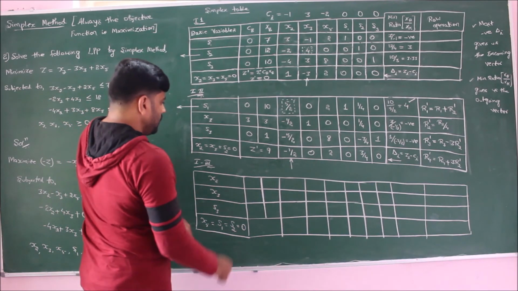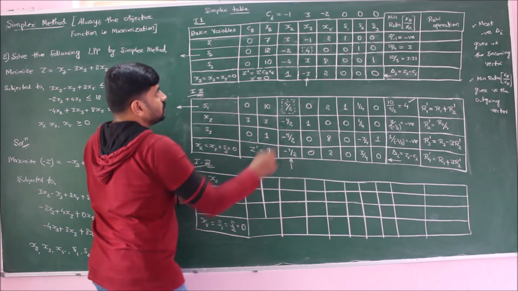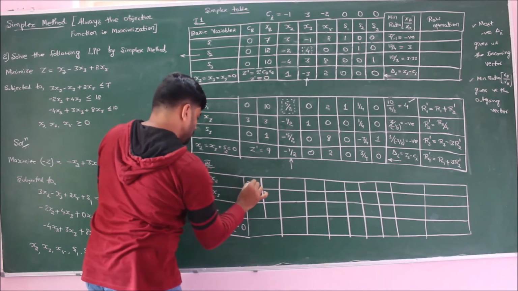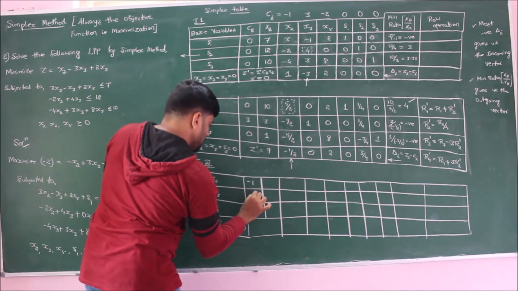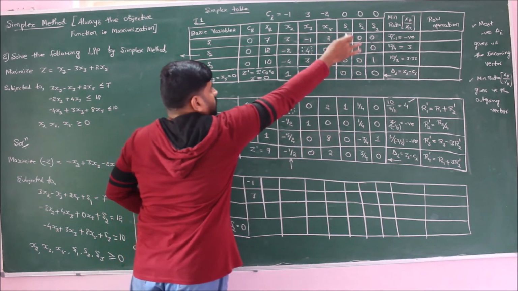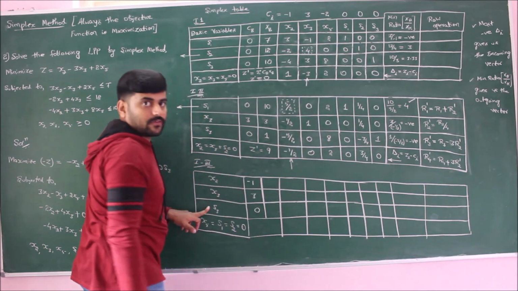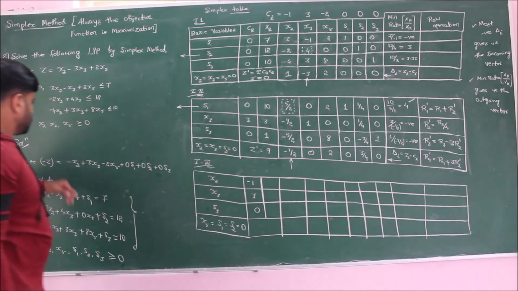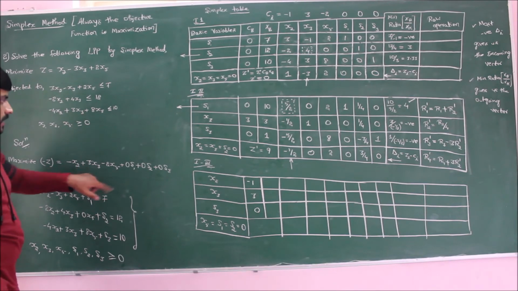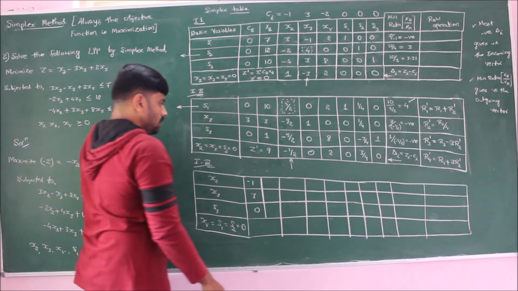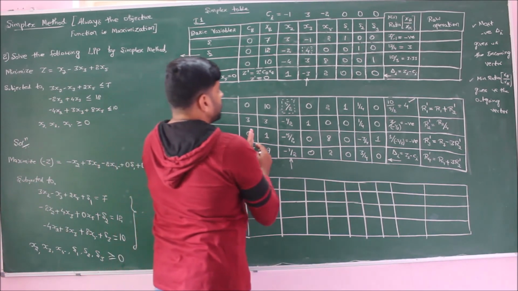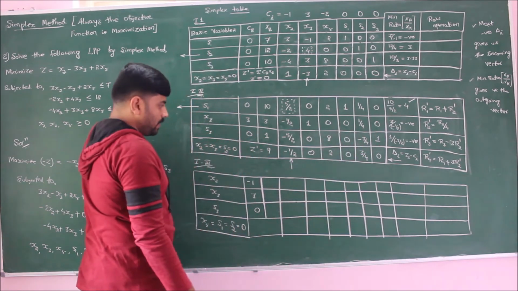Now coming for CB, that is the coefficient of x2. The x2 coefficient is -1, x3 coefficient is +3 and s3 coefficient is 0 in the objective function. -1, +3 and 0. Now from xb to s3 I should perform row operations.